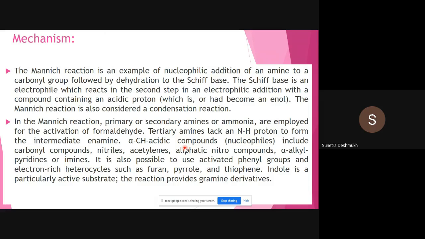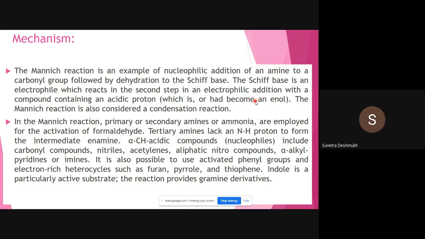The Schiff base is one intermediate we get from the carbonyl compound and amine. At least one hydrogen on the nitrogen atom is needed. That means if hydrogen is present on the nitrogen atom, then only can we form the Schiff base. If we use a tertiary amine, we are not able to form the Schiff base as an intermediate.